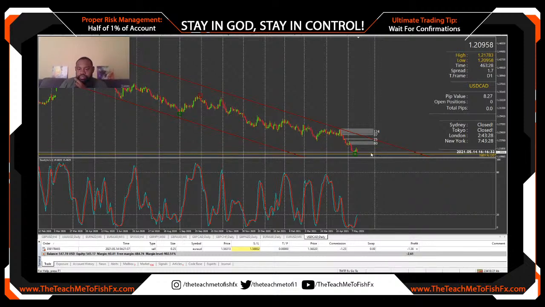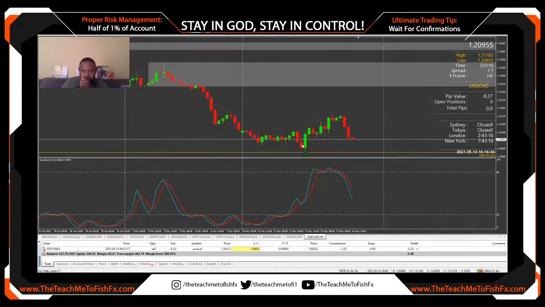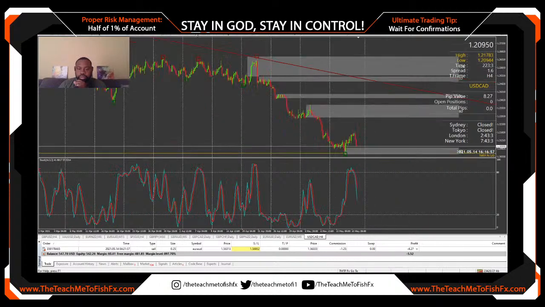Bam. At the bottom of this newly created zone. Let's see, what's the actual zone right here? It's a 4-hour zone. So he's talking about the bottom of that 4-hour zone. I'm sorry, guys. I hope you get that. I hope it just barrels through and hits the bottom of that zone.